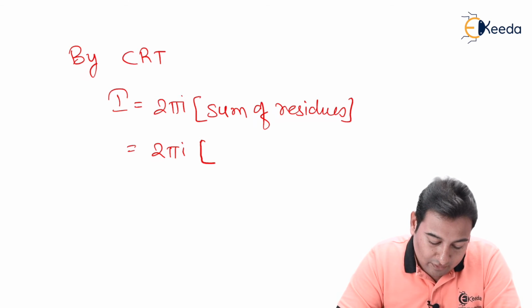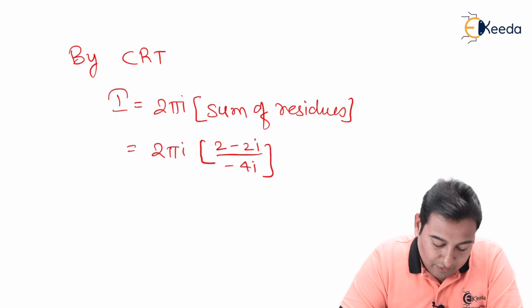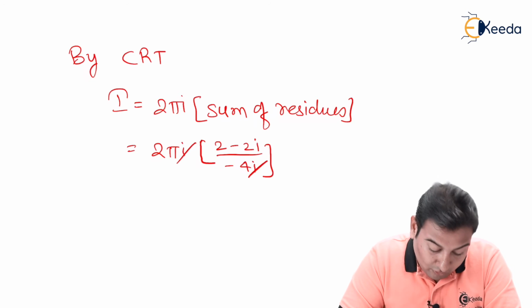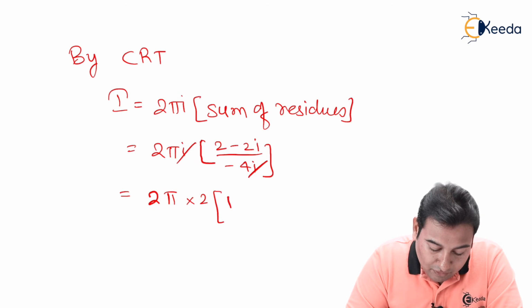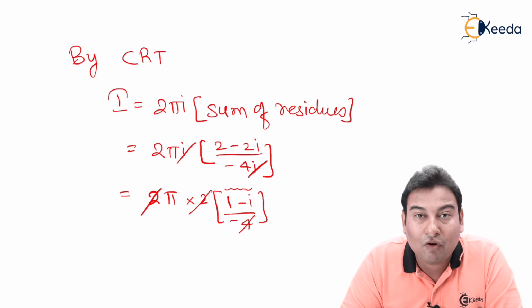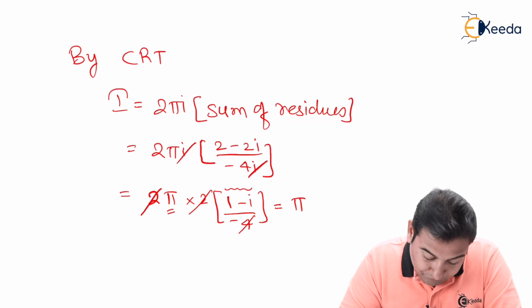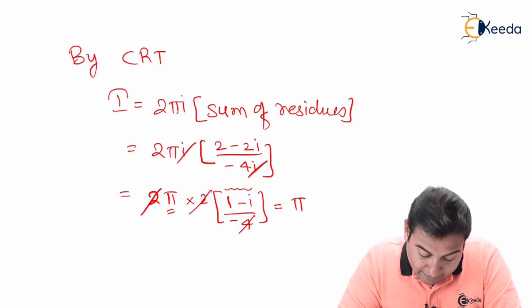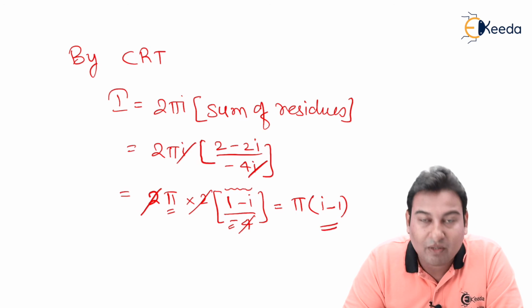So the residue is 2 minus 2i upon minus 4i. This i will be cancelled. If you take 2 common from the numerator, you will be left with 1 minus i upon minus 4. This 2 and this 4 will be cancelled, and if you take minus 1 common from the numerator, you get pi outside, the minus will be cancelled with this minus, and you will get pi times i minus 1. So this is the result.